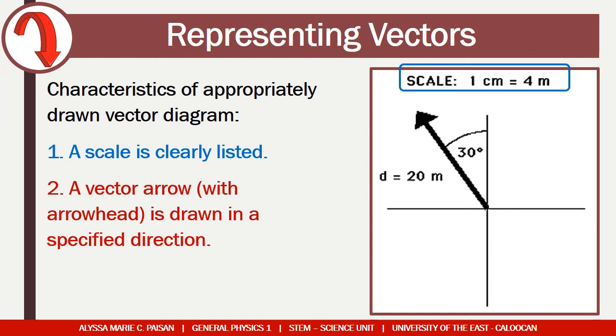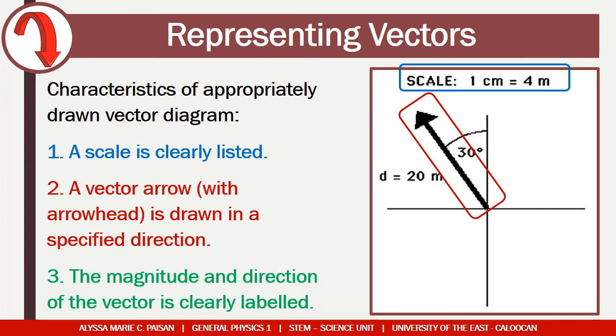There is a specific direction where the arrowhead is pointing. And then lastly, the magnitude and direction of the vector are clearly labeled. As you can see, it is labeled here. The magnitude is d equal to 20 meters. And then the direction is also indicated by the angle, which is 30 degrees.